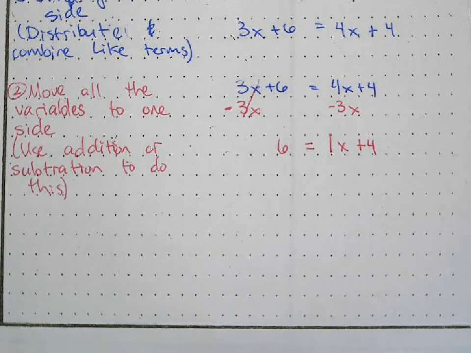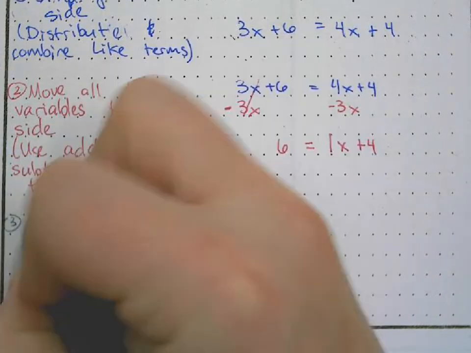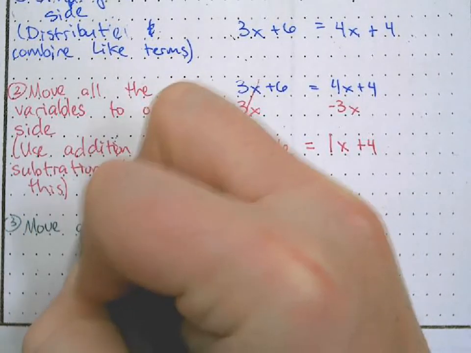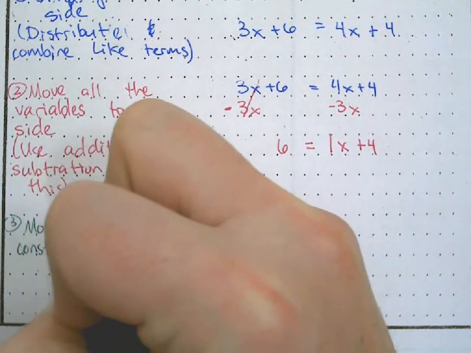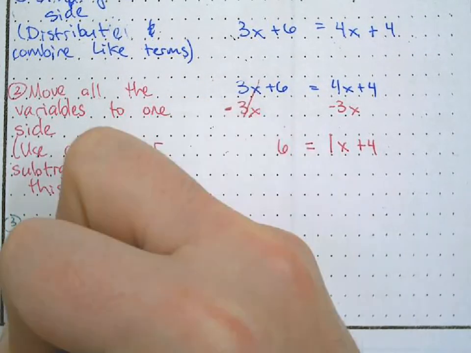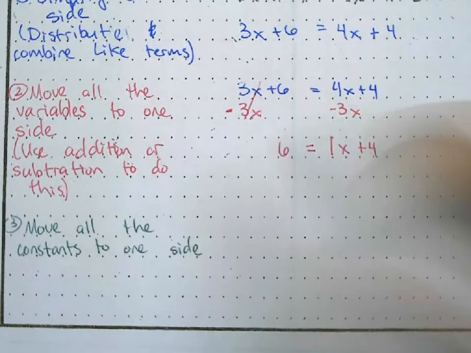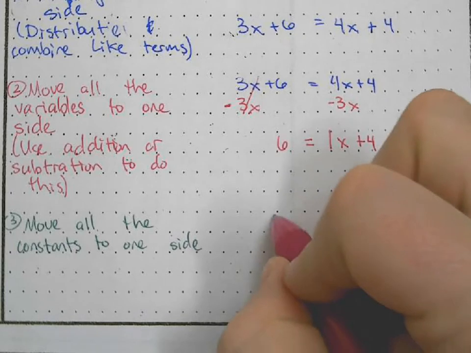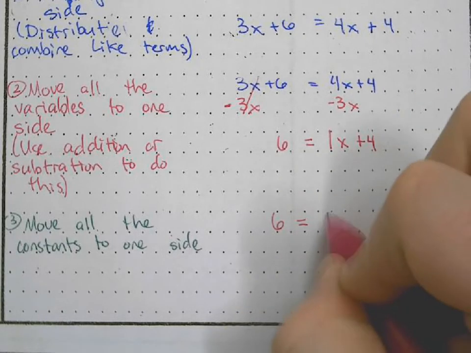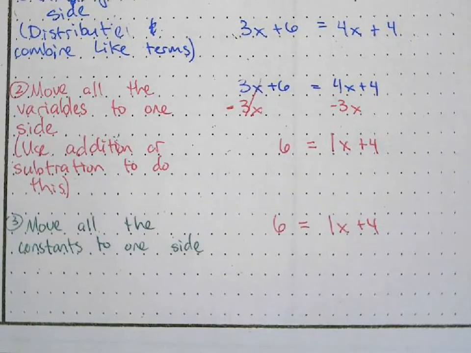Step 3 is going to be move all the constants to the other side. So I'm going to copy my problem again just so we can see this step clearly. 6 equals 1x plus 4.